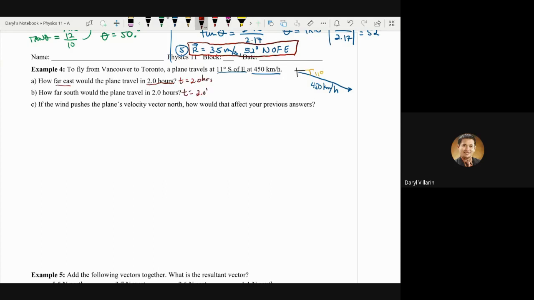There's one thing you need to remember if we're talking about vectors: vectors that are perpendicular, meaning they are 90 degrees apart, are independent.